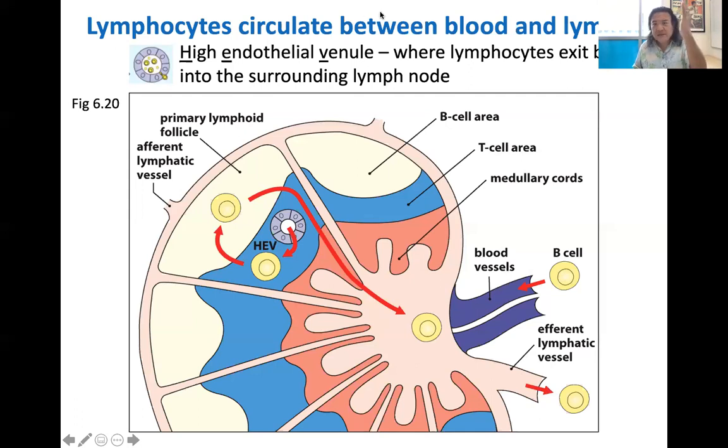So that means the lymph fluid is flowing into this bean-shaped structure through multiple afferent entry points. Again, these could be coming from a different lymph node or from tissue, different places draining into this particular lymph node.